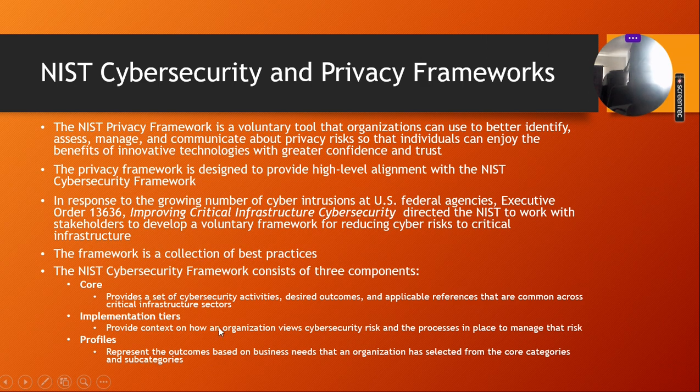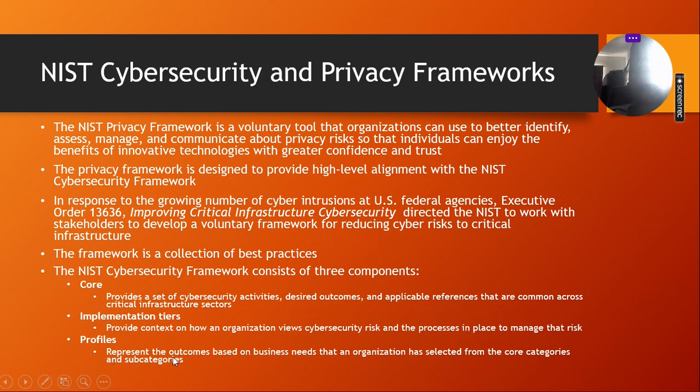The core provides a set of cybersecurity activities, the desired outcome, and the applicable references that are common across the critical infrastructure sector in cyberspace. Then the implementation tier provides the context on how an organization views cybersecurity risk and the processes in place to manage that risk.